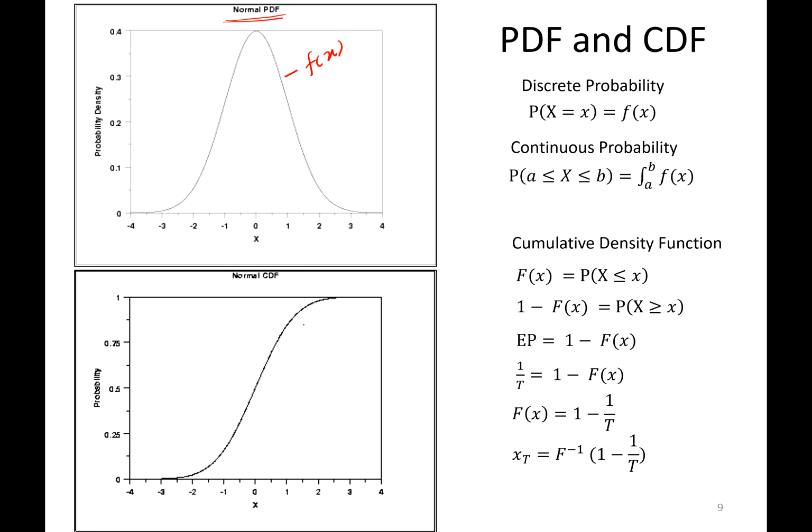The cumulative distribution function is basically the integral of this normal PDF. Again, it is just the accumulation of all the values that you see on the normal PDF here, and that's why this value is 1.